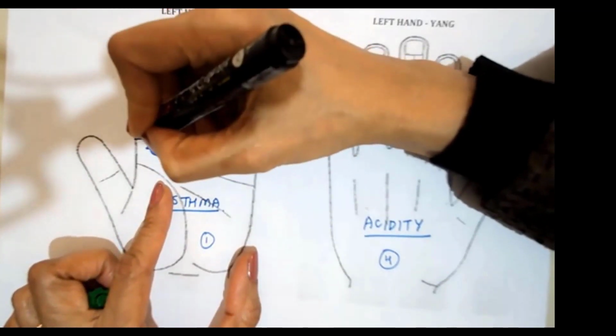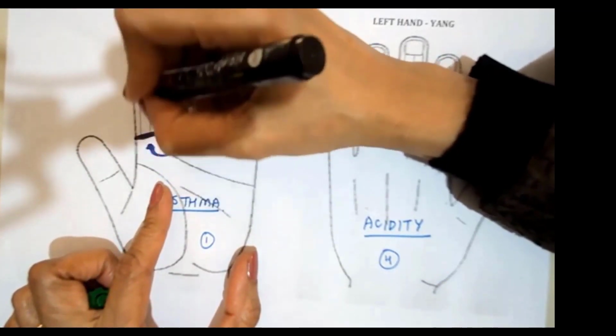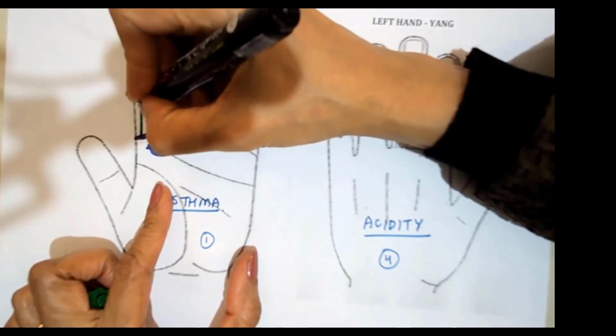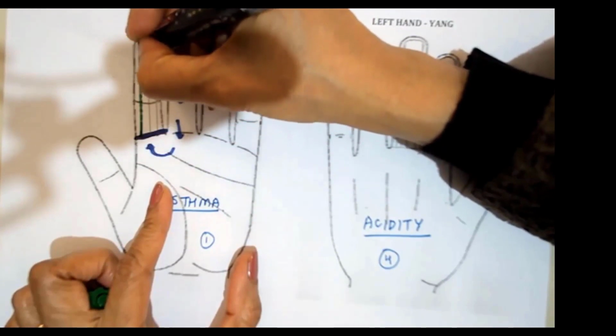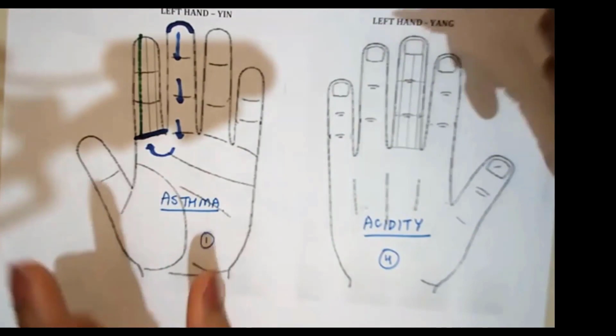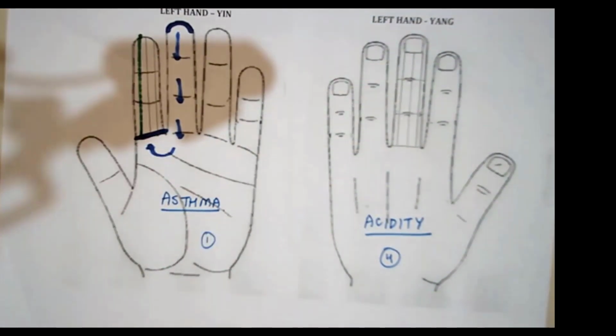So this is how you start from the energy gate, because the energy flow is this side. You are increasing the energy flow in the lung so that the asthma symptoms are cured. So this is how you tonify the lung meridian. That is all that you need to do. The only thing important being that the energy flow should be in the correct direction.